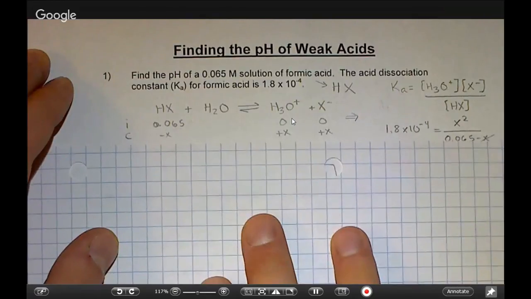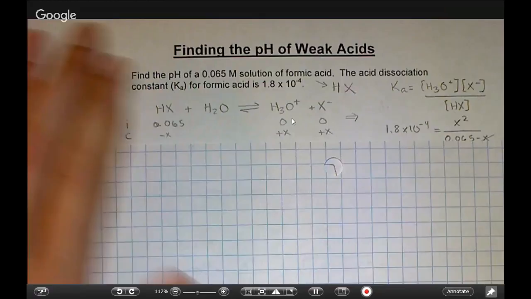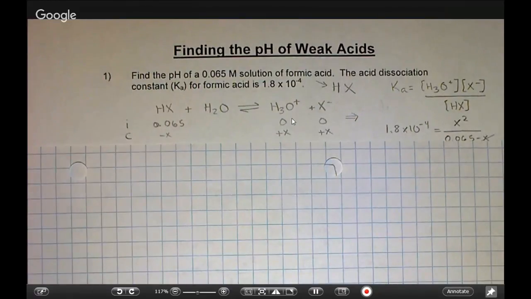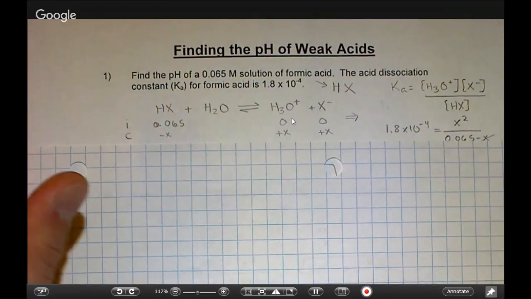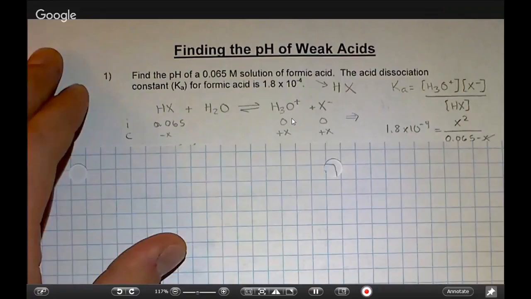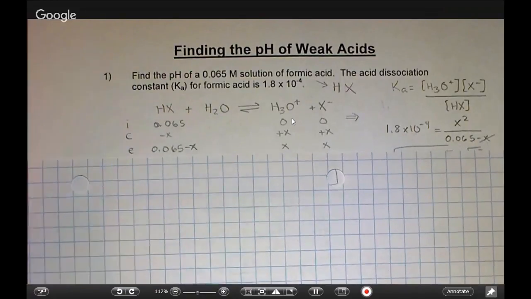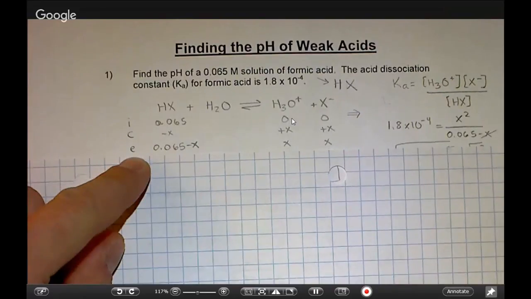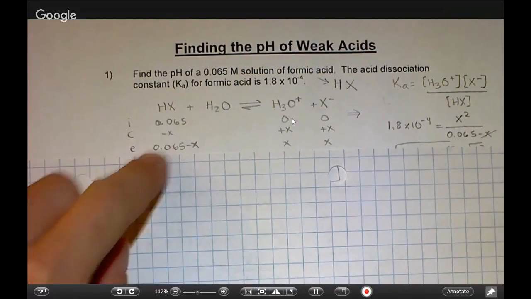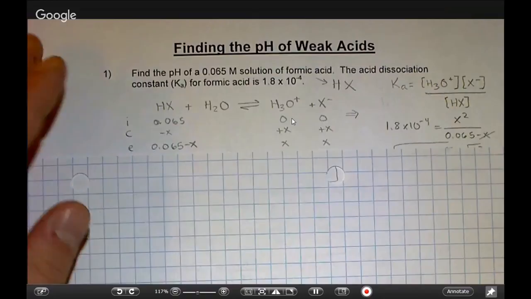We undergo a change to achieve equilibrium, and so we call that, hey, we're going to subtract some amount X from the reactant side, and then as that acid dissociates, we gain X amount of hydronium and our anion on the right side. So at equilibrium, the concentration for HX or formic acid is 0.065 minus X, and then we have X for hydronium and X for X minus.